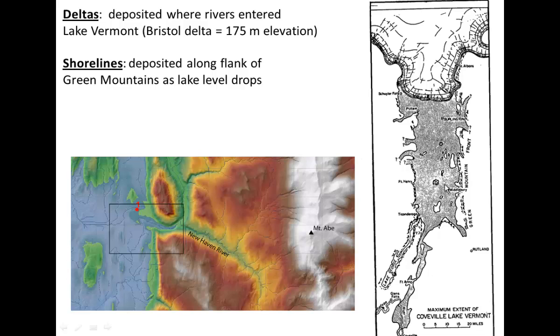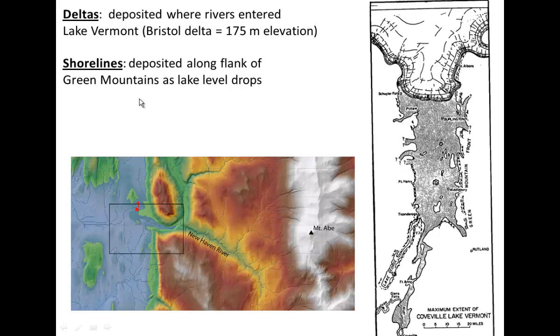And its lake level was up at about 175 meters elevation. If you're familiar with the town of Bristol, that's about where the town of Bristol is today. And looking at this map, you can actually see the town of Bristol is built on the Bristol Delta, where the New Haven River delivered sediments into Lake Vermont.